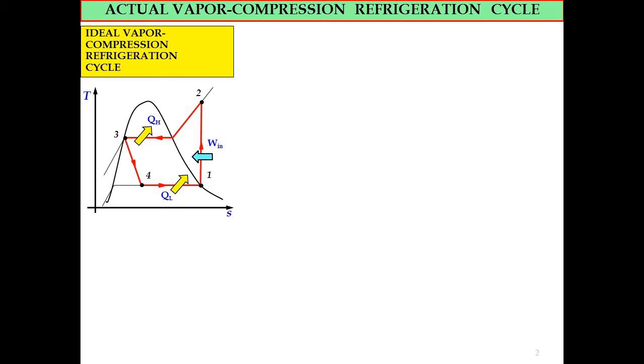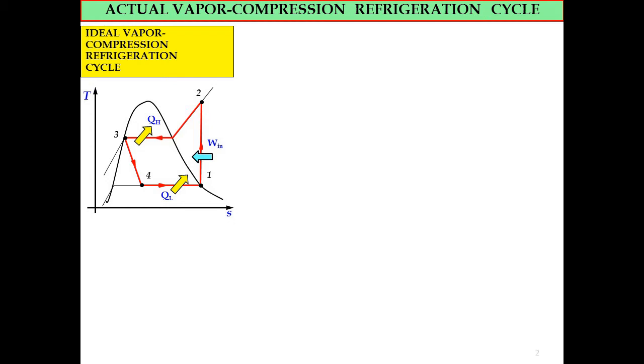The third process is the throttling process in the expansion valve, where at the inlet, state 3 is saturated liquid, and at the outlet it is a saturated mixture. The main criterion during this process is H3 equals H4.